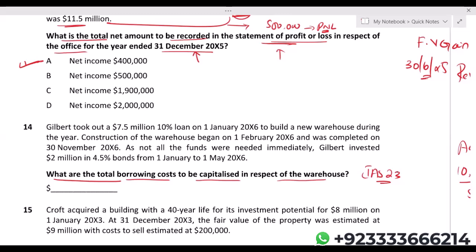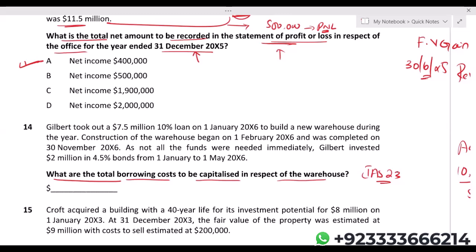For example, your organization has taken a loan for a qualifying asset, and that is a specific borrowing. Let's say, one loan for one qualifying asset. So under specific borrowing, the borrowing cost to be capitalized is whatever borrowing cost you have calculated minus the return which you have generated by depositing the fund for a short period of time.